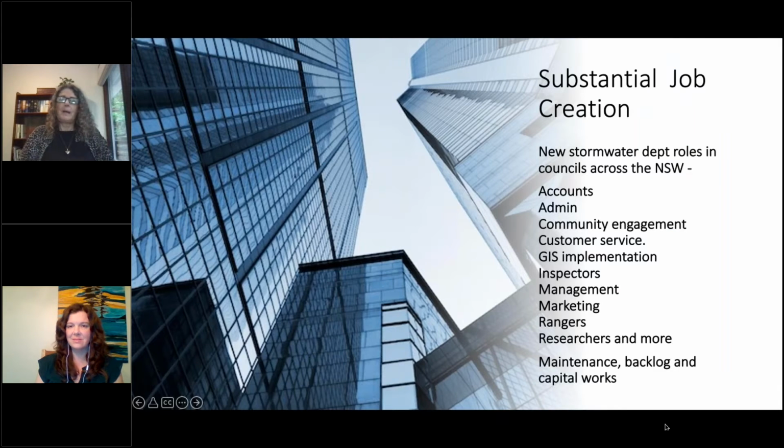One of the best things about the user pay system is it actually creates substantial jobs. You look at a whole new stormwater department in a council, from accounts right down to inspectors and marketing and rangers, and it's a great community vibe as well, because the council's really engaging with the ratepayers and constituents.